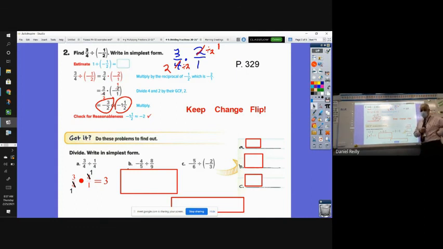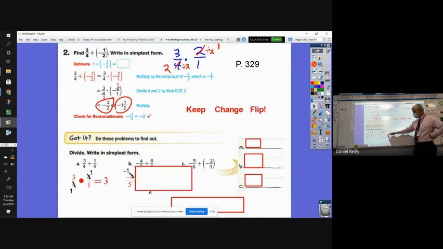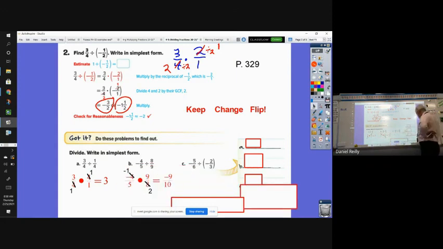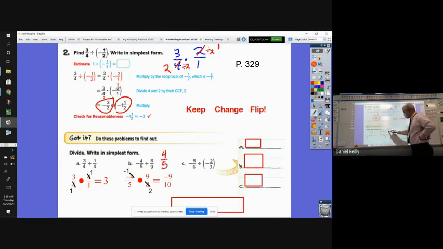Keep, change, flip. That's division. Keep, -4/5. Change division to multiplication. Flip the second fraction. This one flips to 9/8. So it's 4/5 times 9/8.